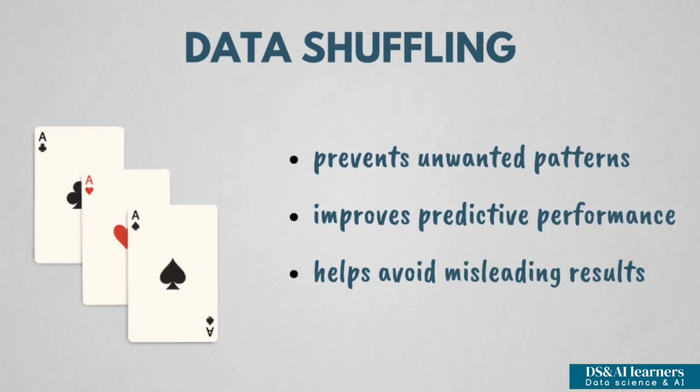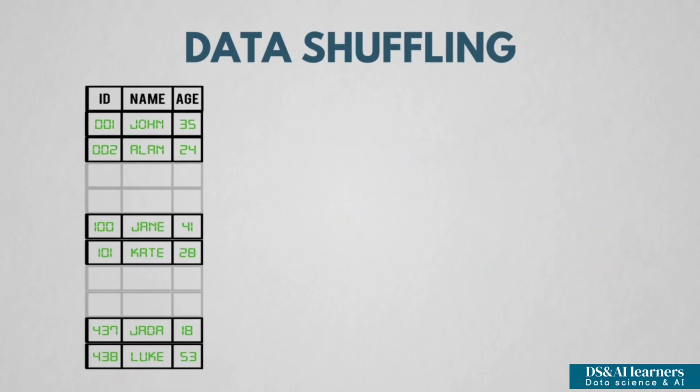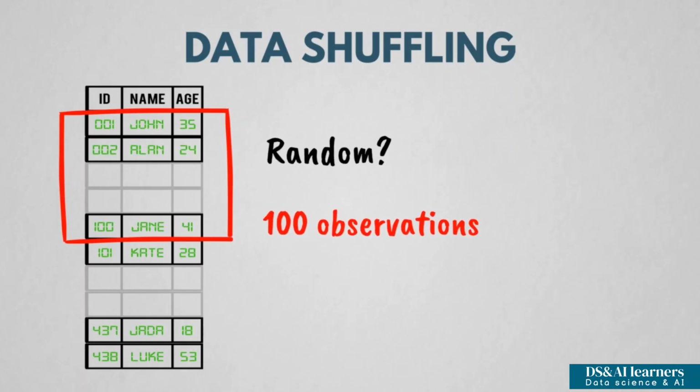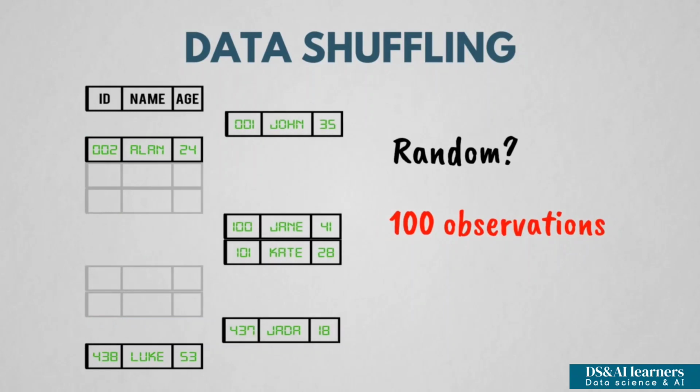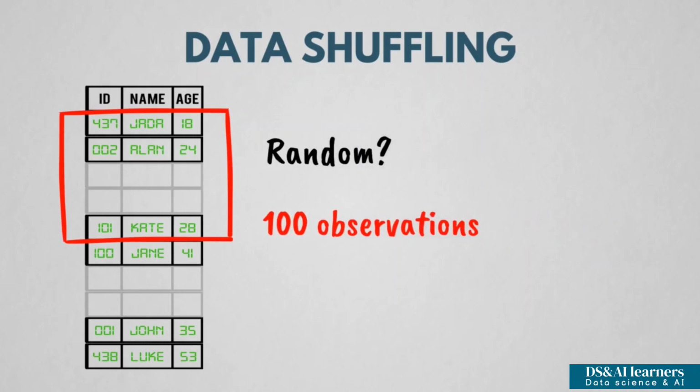Well, it is a detailed process, but in a nutshell, shuffling is a way to randomize data. If I take the first 100 observations from the dataset, that's not a random sample. Observations that were entered first would be the first to be extracted. If I shuffle the data, I am sure that when I take 100 consecutive entries, they'll be random and most likely representative.